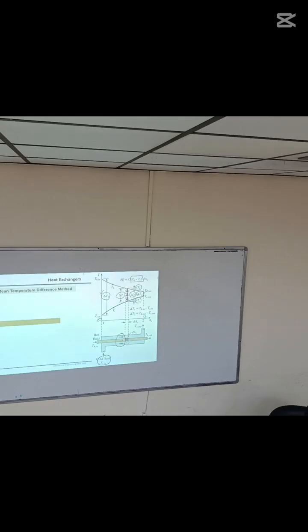So this is the differential temperature change of hot fluid, the differential temperature change of cold fluid, and the differential heat transfer is del Q dot. Because I want to know what that delta T is in that equation, because this is the equation of the heat exchanger.